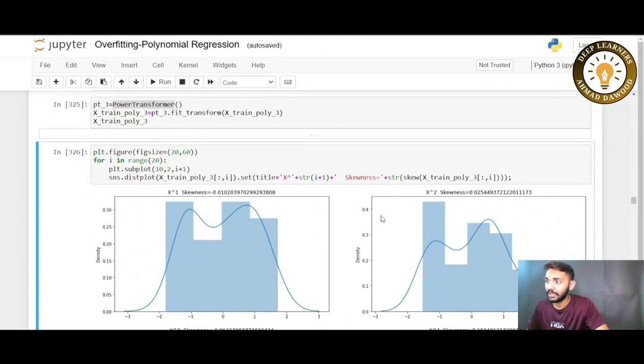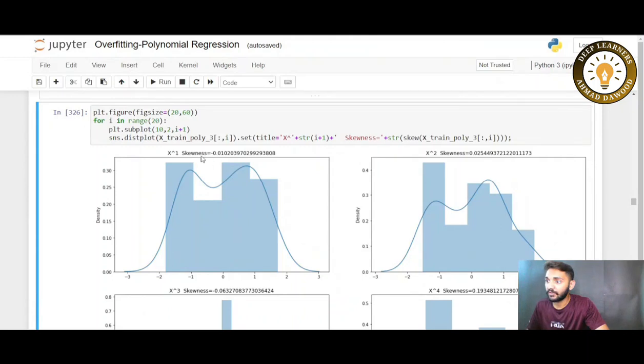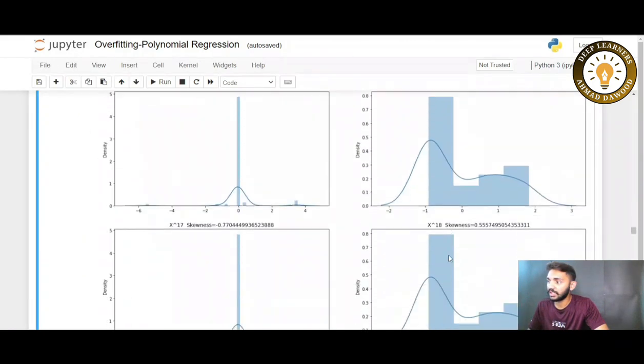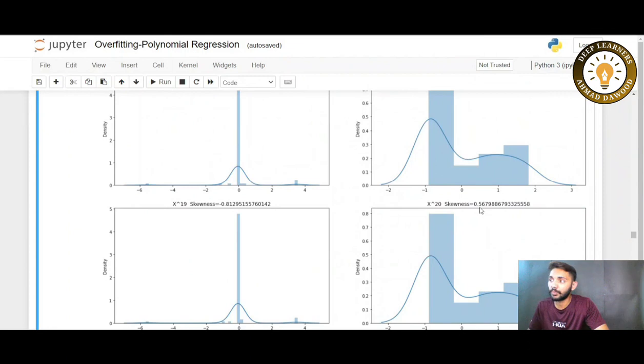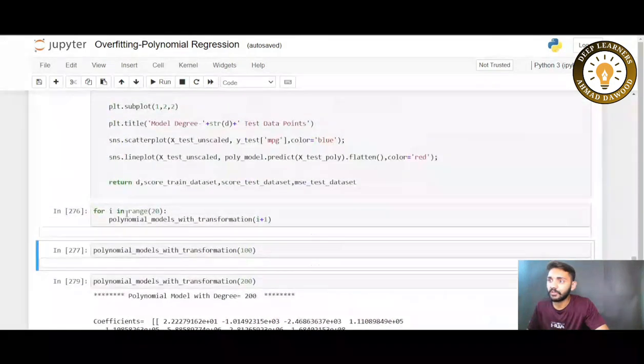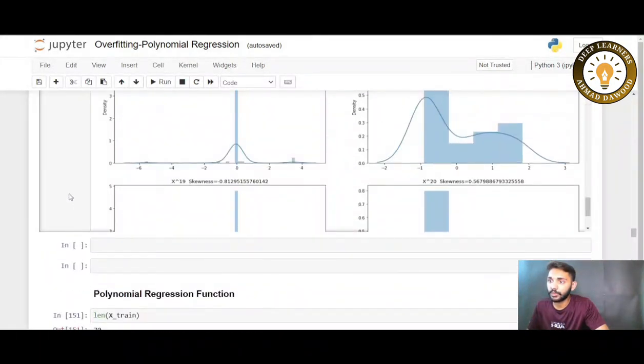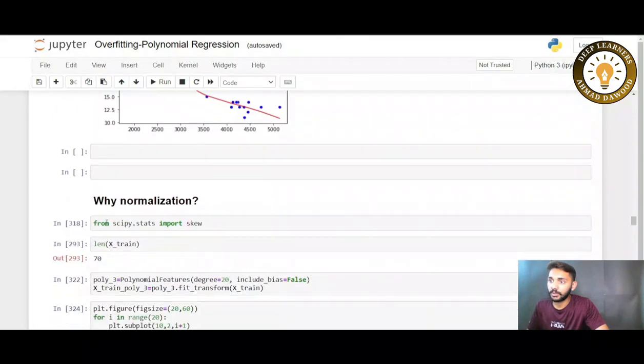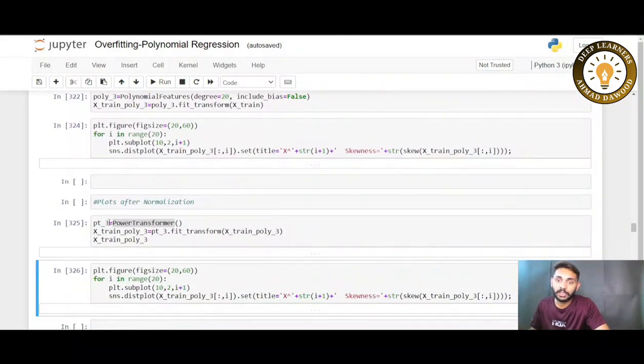All the polynomial features have skewness less than 1. Like here it is 0.01, 0.025. Here you can see in the case of x raised to the power 20, we have 0.5. But before the power transformer, we had almost 5.5. So that's why I was using the power transformer, because linear models are sensitive to skewness.